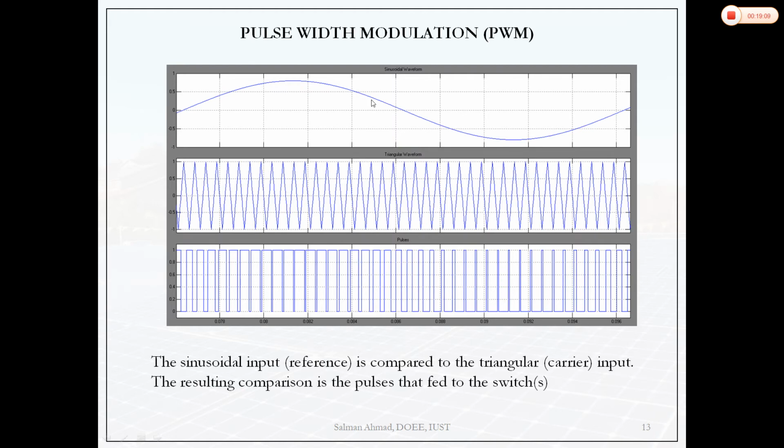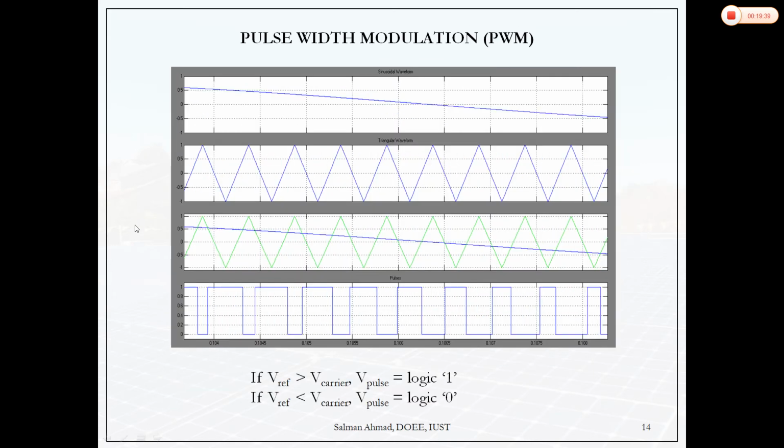If you multiply 50 hertz by 300, maybe it will be 15 kilohertz, something like that. So we are getting these types of pulses that are applied to the gates of the switches. The sinusoidal input, that is the reference, is compared to the triangular carrier, and the resulting comparison gives the pulses that are fed to the switches.